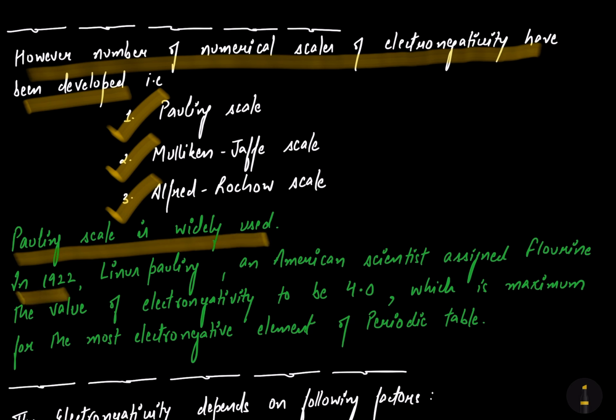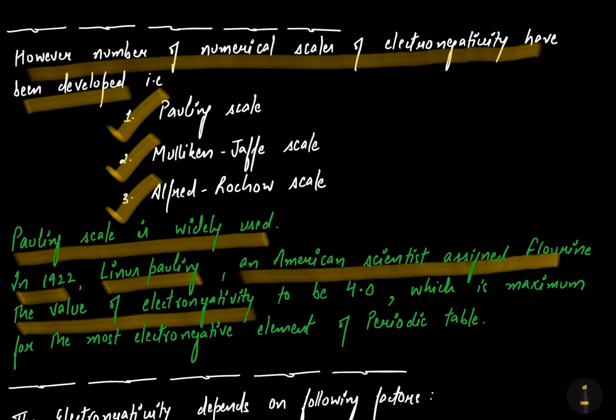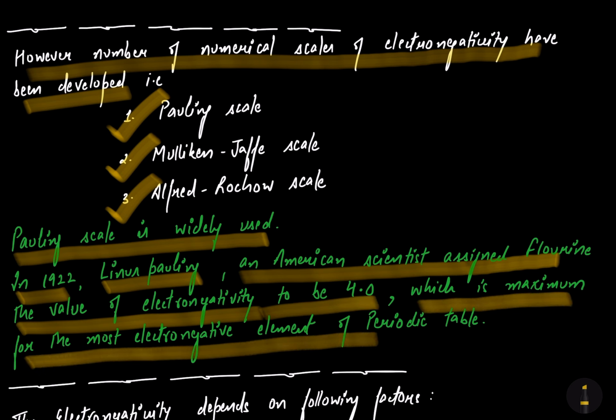In 1922, Linus Pauling, an American scientist, assigned fluorine the electronegativity value of 4.0, which is maximum for the most electronegative element of the periodic table. That means in the whole periodic table, fluorine is the most electronegative element and has the electronegativity value of 4.0, which is the maximum.